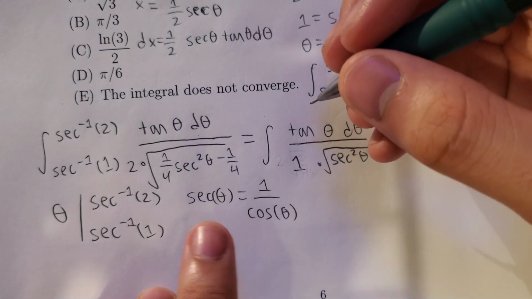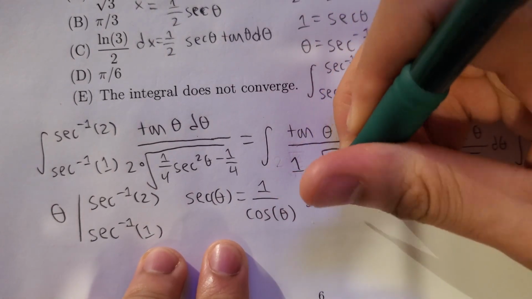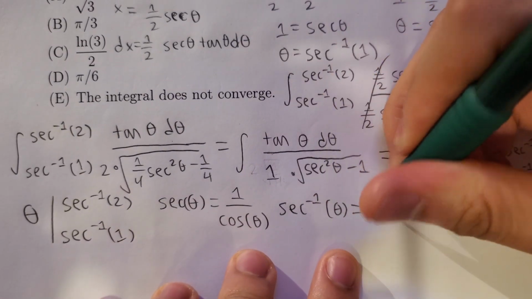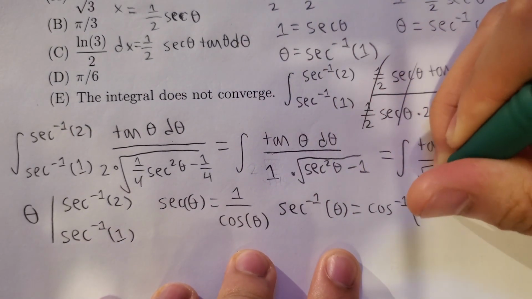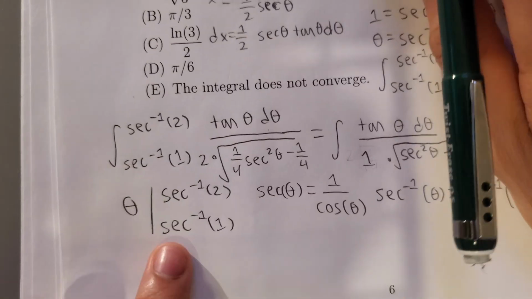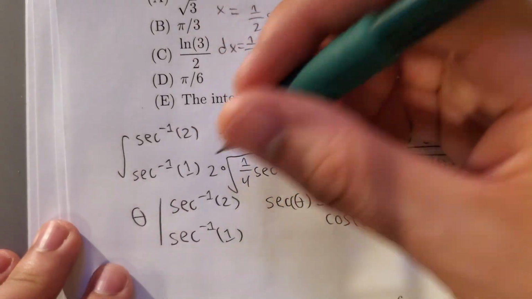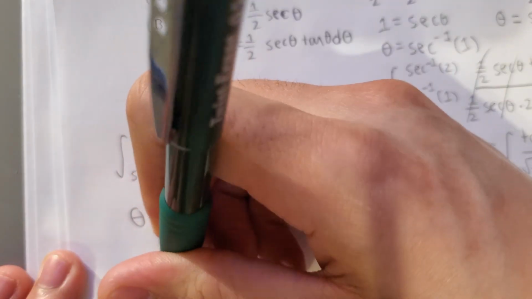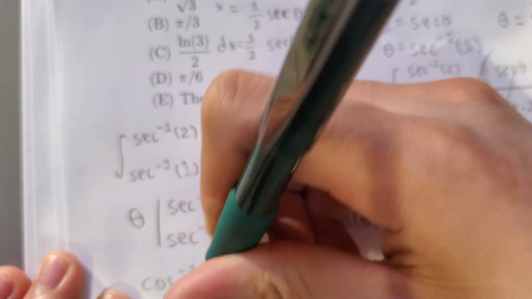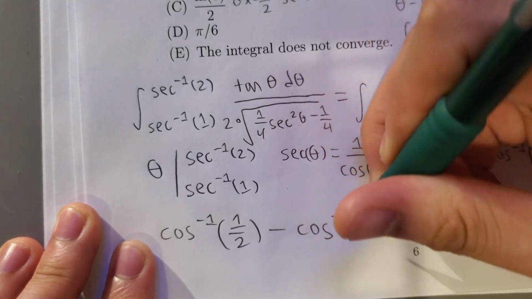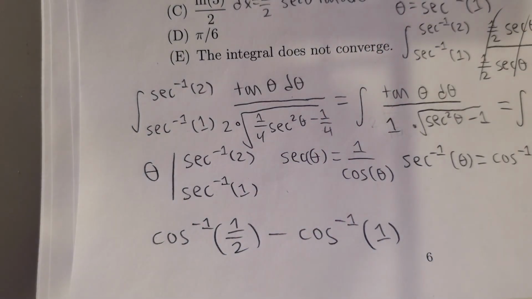And so on the flip side, the secant inverse of theta is equal to the cosine inverse of 1 over theta. So with this in mind, we can rewrite these boundaries and plug them in, instead of as secant inverse, as the cosine inverse of 1/2 minus the cosine inverse of 1, since the inverse of 1 is just 1.